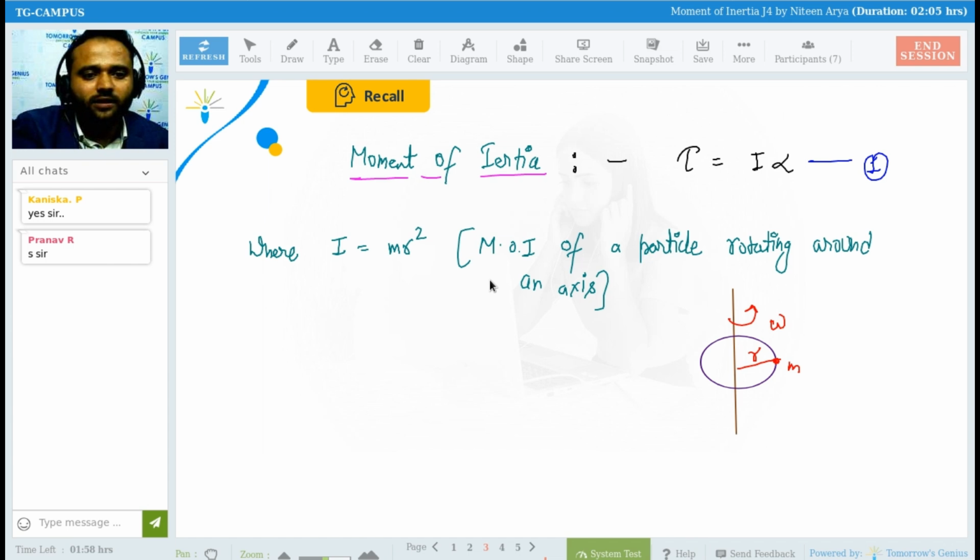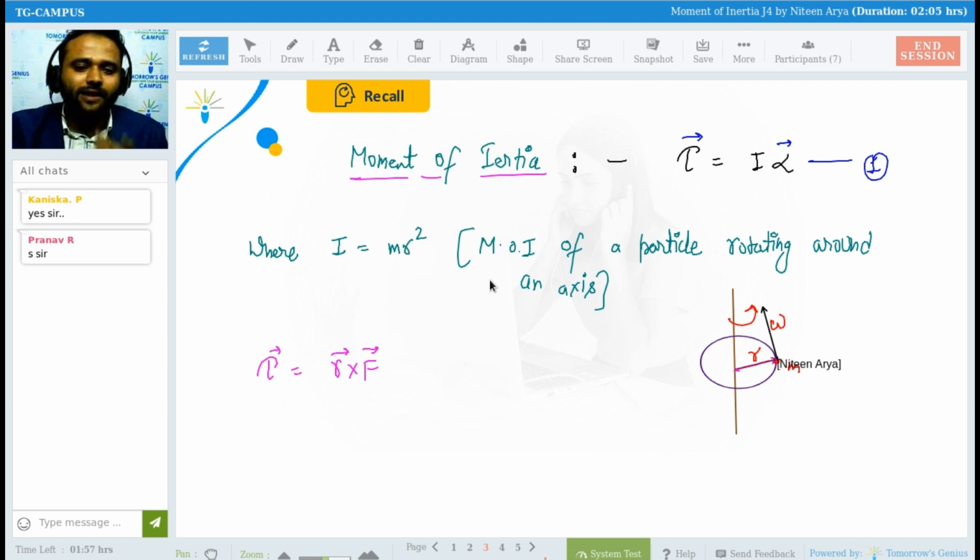We know from the torque relation, what is torque in general? Torque tau equals r cross F. Is this clear, everyone? For this particular thing, this is going to be my force if I apply force in this direction, and this is the radius vector.